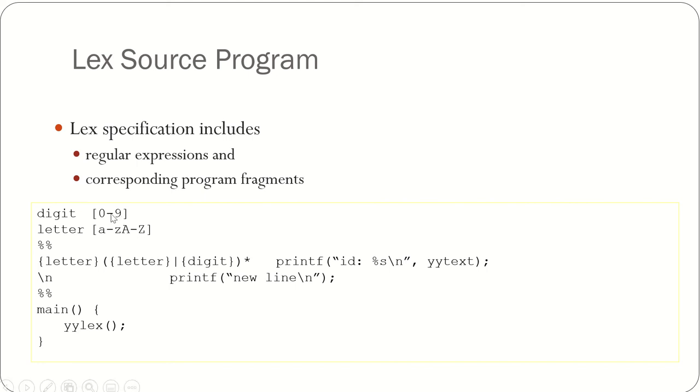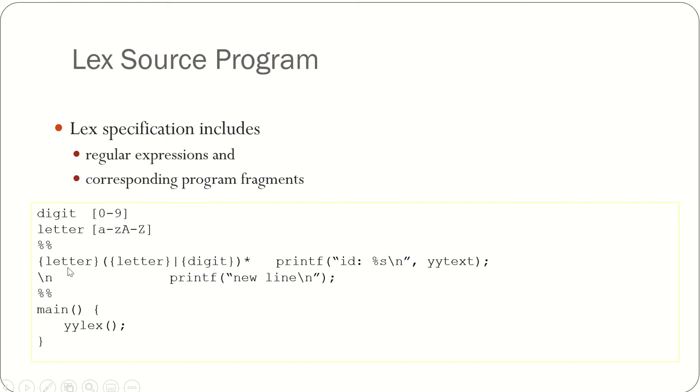This regular expression, given in square brackets 0 to 9, recognizes digit. A to Z small and capital A to Z recognizes letter; if you give anything in this range, it will be considered as letter. Using these regular expressions, we are forming the pattern here.